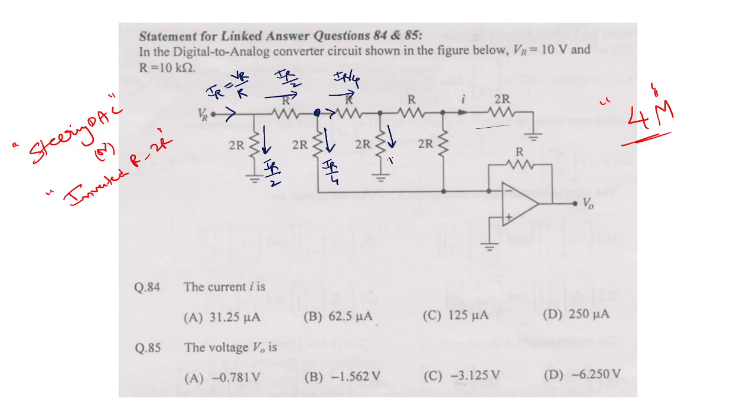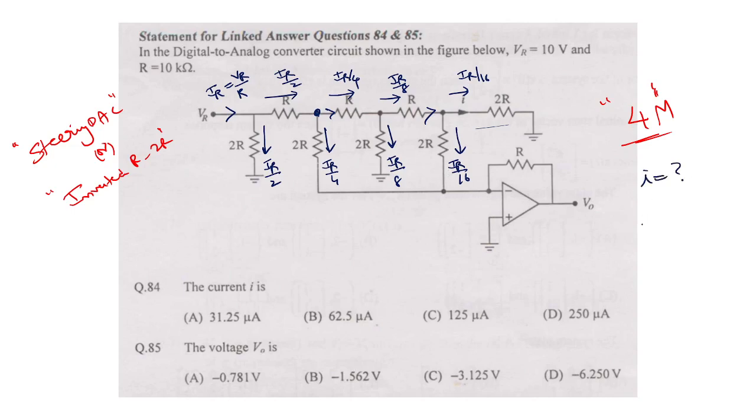So here this is IR by 8, here IR by 8, this is IR by 16, this is IR by 16. Whatever IR by 8 comes here sees 2R, 2R in parallel, so obviously the current will divide, giving IR by 16. Now the question is what is I?